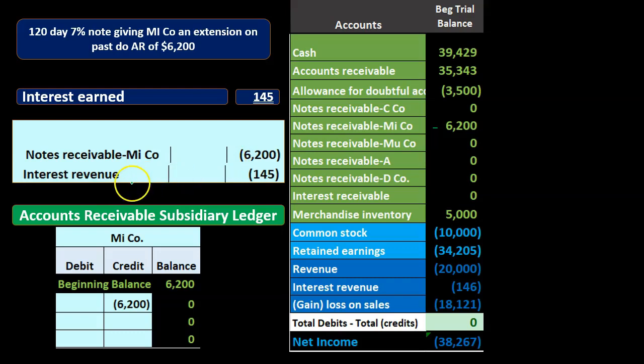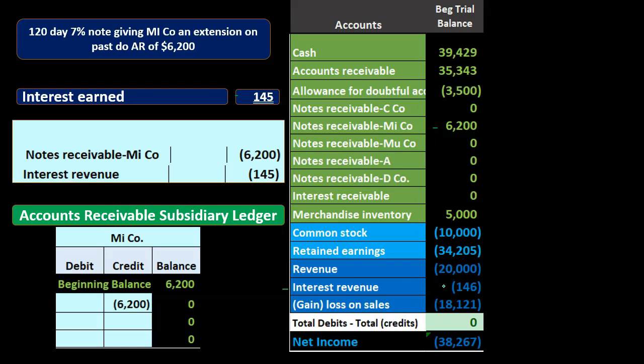We're also going to have the interest revenue. That's this revenue that we generated. It's not included here. We're going to get cash not of $6,200, but $6,200 plus the $145 because of the time value of money, the interest that we've earned. That's going to be interest revenue. It's an income account. Income is going up. Revenue has a credit balance. We're going to increase it by doing the same thing to it, another credit.